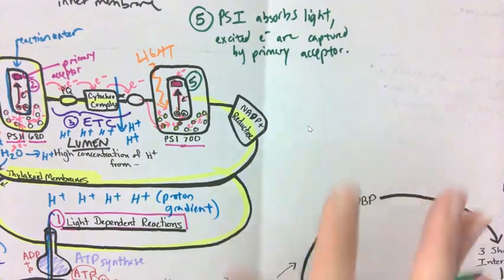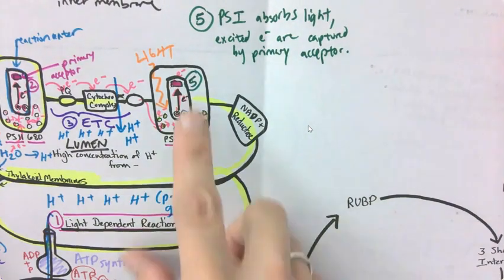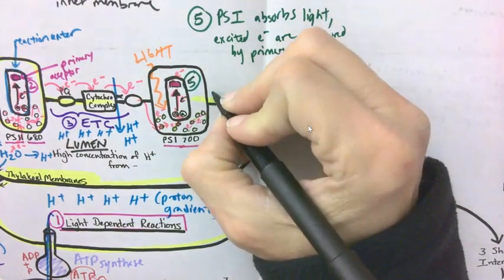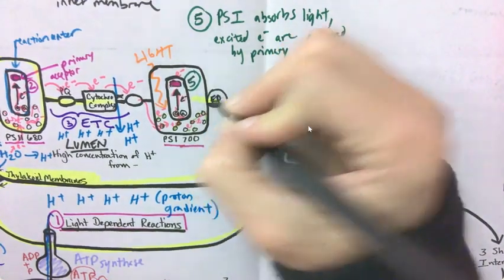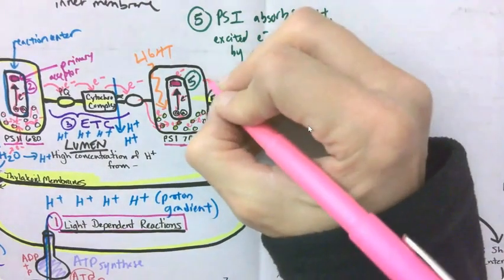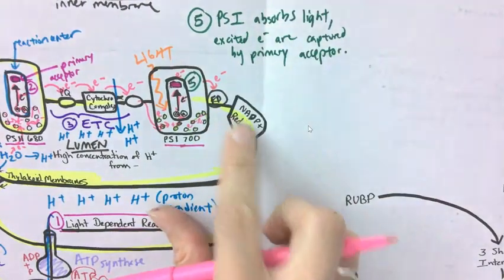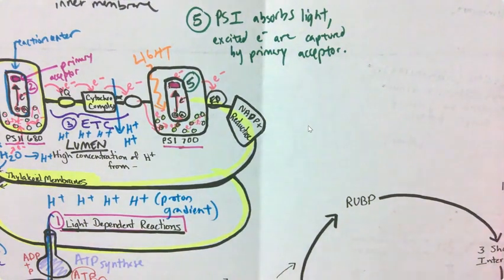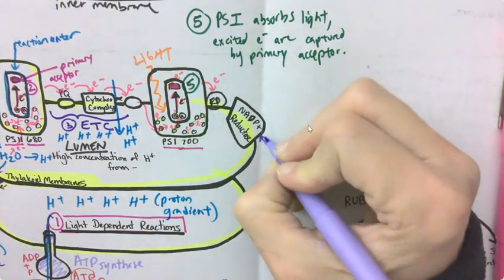Now, finally, these electrons are not really passed down an electron transport chain. They're passed first to a molecule known as ferredoxin, these excited high-energy electrons, and then they're passed to an enzyme called NADP reductase. So this is actually an enzyme over here.